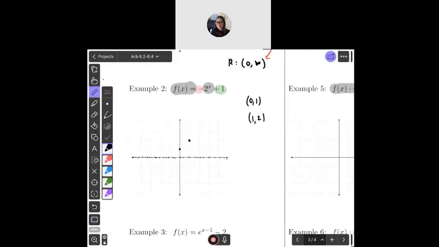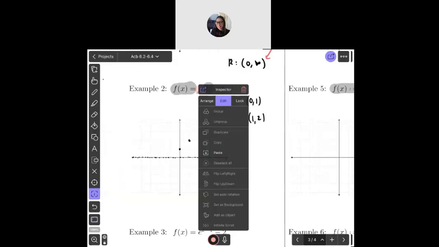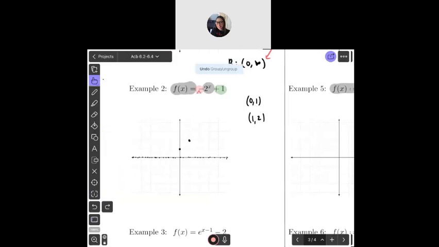So as you're looking at the transformations, guys, always just go left to right. Okay. So the first thing I see is that reflection. Okay.